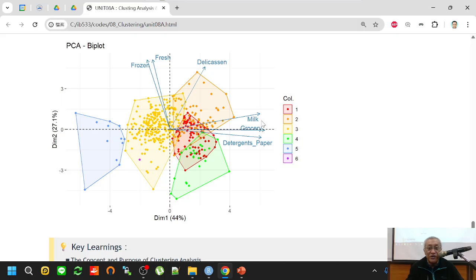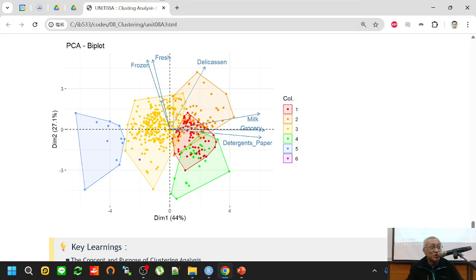In this direction, it means that if the point is in here, the retailer buys more milk, grocery, and detergents. Okay. If the point is here, it means that it buys more deli, more fresh, and more frozen food.